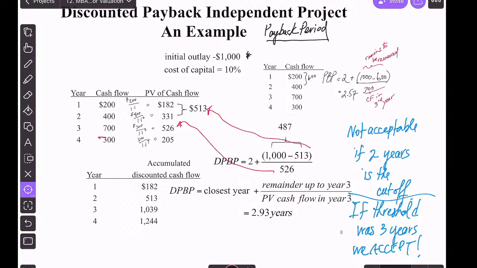But if something like this, there was a negative 300 out in year 4, you might not want to. So my conclusion is payback period is good, but you probably want to also include a net present value analysis. They're complementary analysis in that case. Okay, good questions.